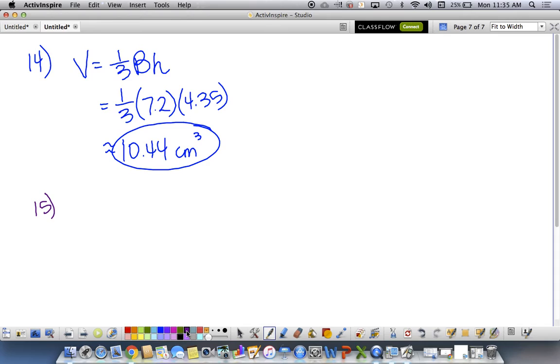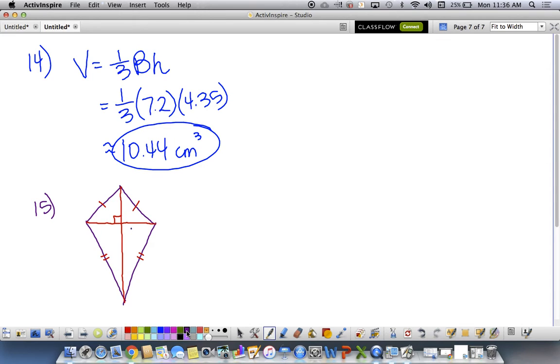Find the lengths of the sides of a kite, STUV, shown below. Round to the nearest tenth. So there's a kite, and we learned something about kites. Consecutive sides are congruent. Adjacent sides are congruent. Okay? So then you also know something else. I think we talked about that their diagonals are perpendicular.